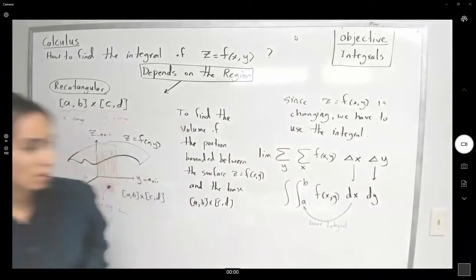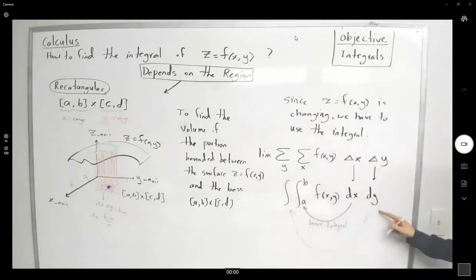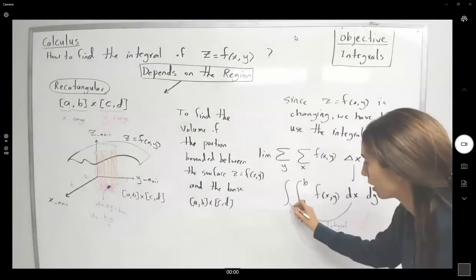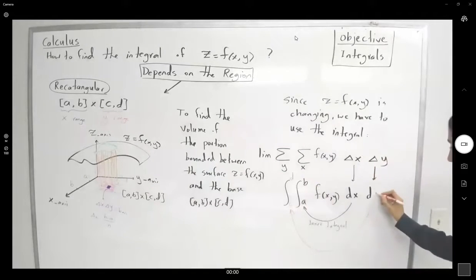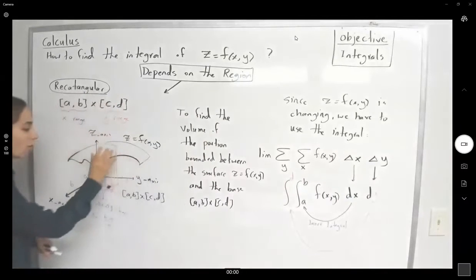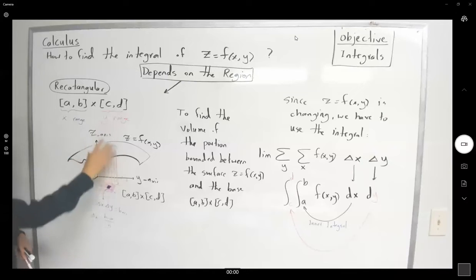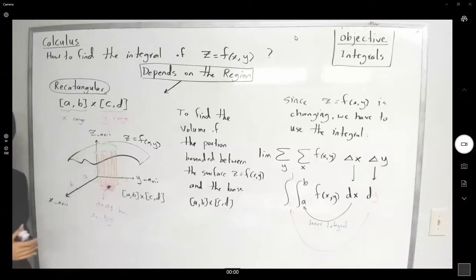The outer integral related to y. So y ranges between c and d. So your lower limit is c and your upper limit is d. This formula gives us the volume of this portion of the surface bounded over this little region in the xy plane.